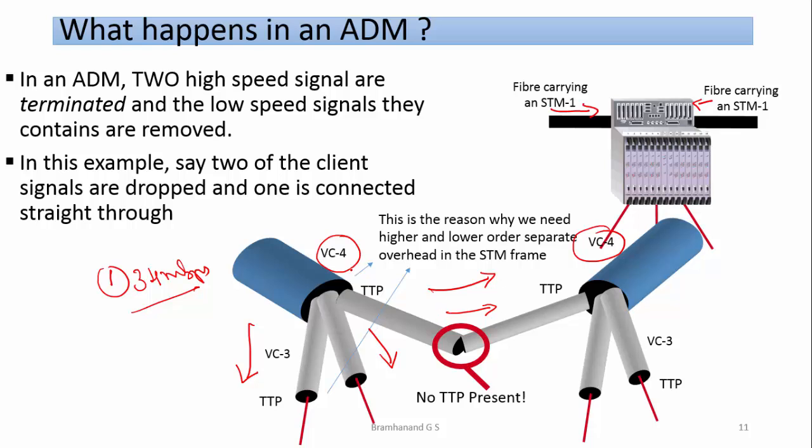Whereas the higher order path overhead would be processed for VC4, as well as the lower order path overhead for these 2 VC3s in this ADM.